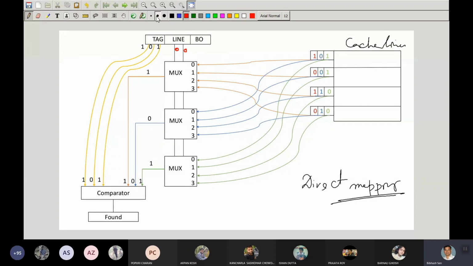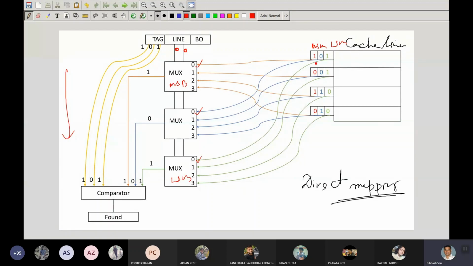Then automatically all the 0 lines will be selected. If I right-click in this way, you will find that this part will come here. Actually this is the MSB, and this is the LSB. In this way, I have considered the bitwise orientation.